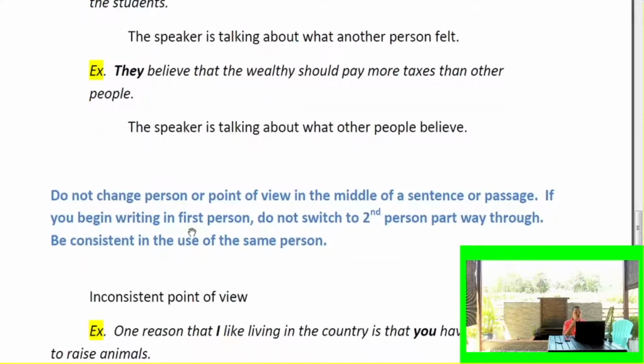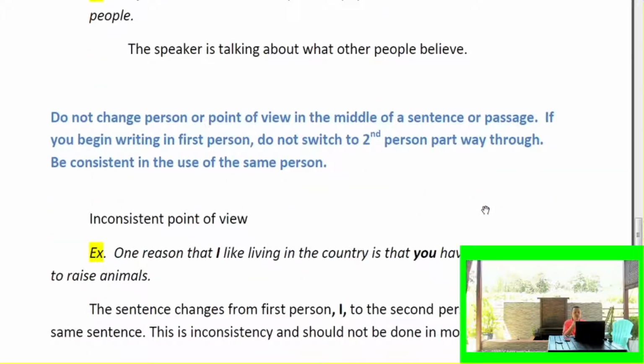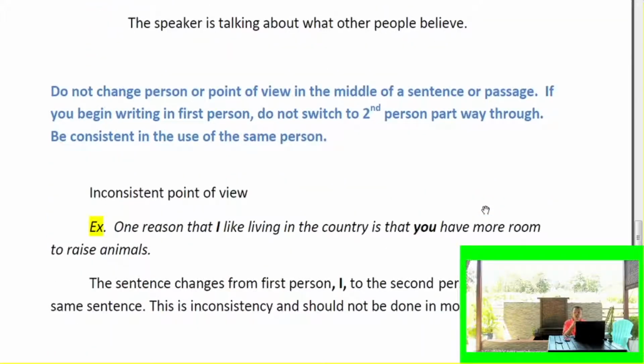So do not change person or point of view in the middle of a sentence or passage. If you begin writing in first person, do not switch to the second person partway through. Be consistent in the use of the same person. For example, an inconsistent point of view: one reason that I like living in the country is that you have more room to raise animals.